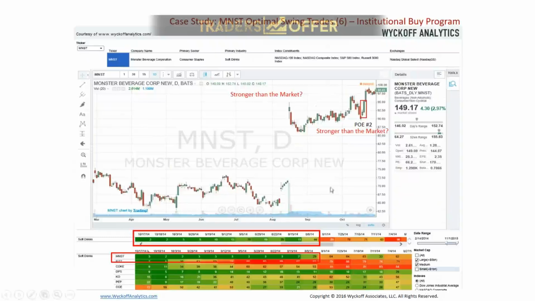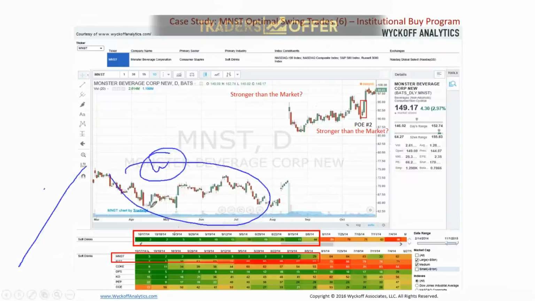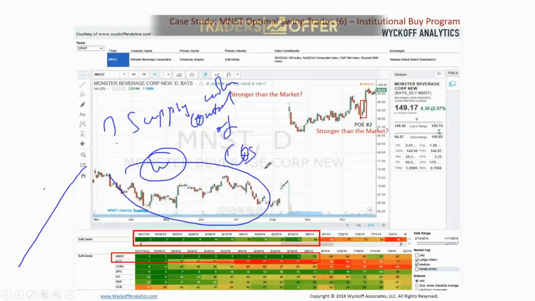Okay, so the key here is to understand that we could have an area of underperformance, but the question is: is supply still under the control of big institutions, of composite operator types of institutions, after the prior leadership?